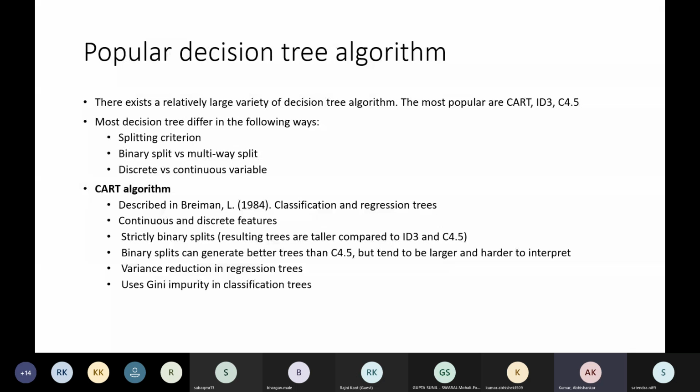The first decision tree algorithm was developed sometime in the mid 80s. It's written here, 1984. So this CART algorithm was developed in 84 itself, and from 84 until now we are still using it.